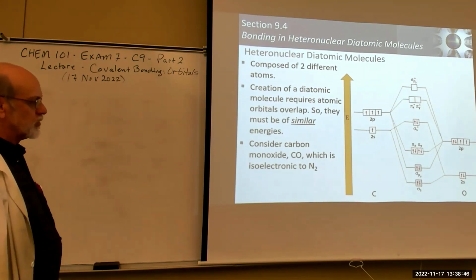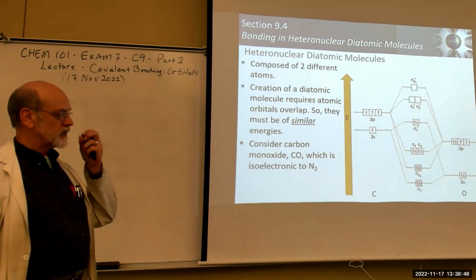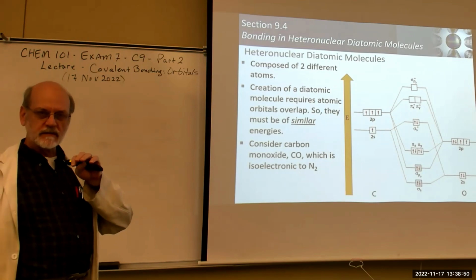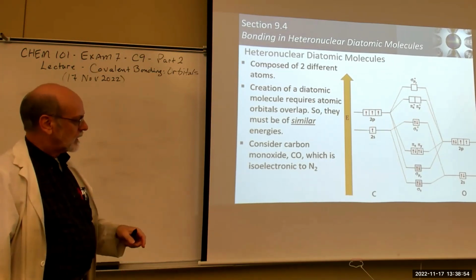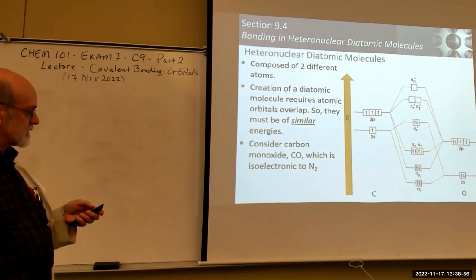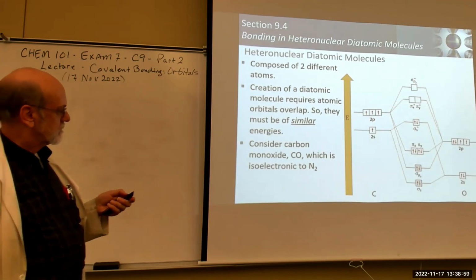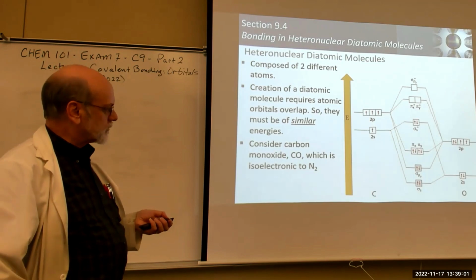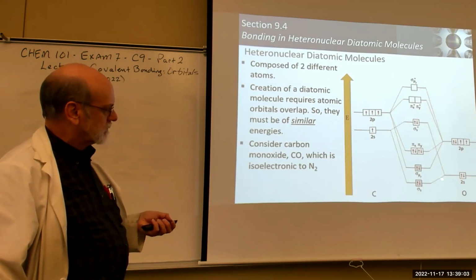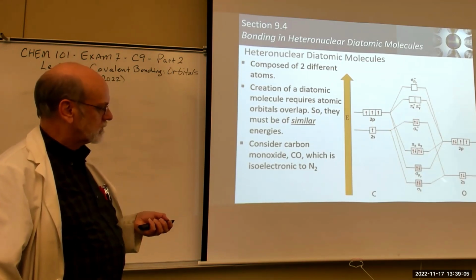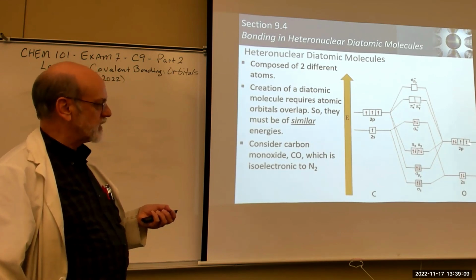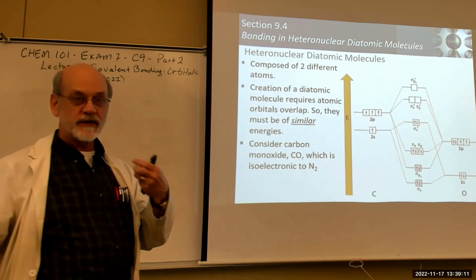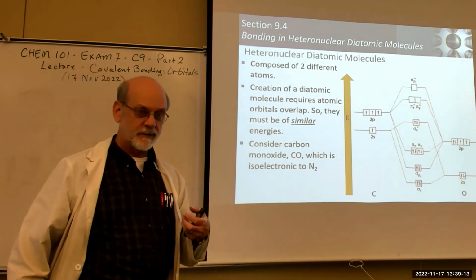Okay, so what about heteronuclear molecules? Those in which we have two different elements. Carbon monoxide, in this case, would give us a structure. Notice that we're starting off, oxygen has a lower atomic energy for its 2s and 2p orbitals because it has a higher effective nuclear charge than carbon does.